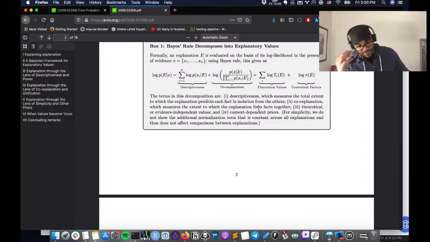Oh, I see, because this is almost like the marginal probabilities, and then these are some kind of... yeah, the notation here is odd, but I guess we're just saying how well each fact is independently explained, and how much an explanation links the facts. All right.